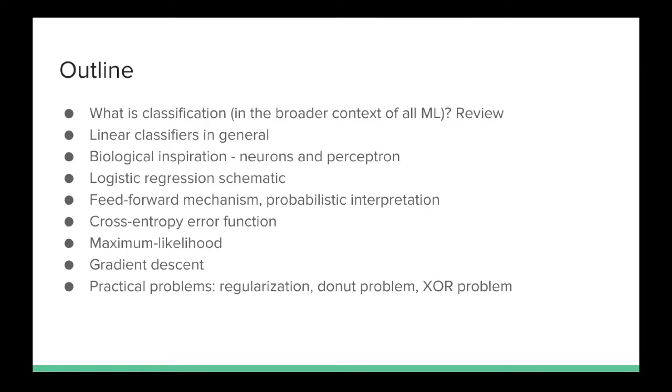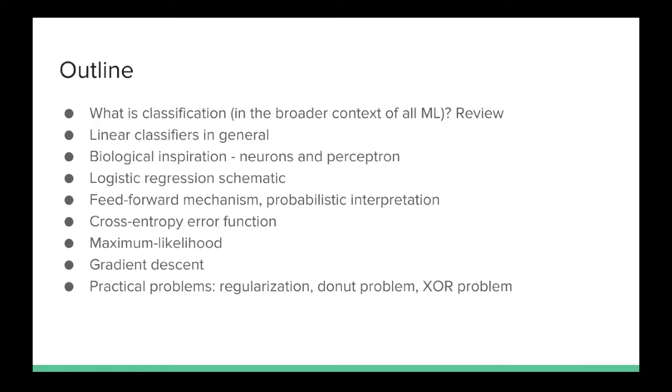Now let's review what this course is going to be about. First, we're going to talk about what is classification and review this in the broader context of all machine learning. Then we're going to talk about linear classifiers in general, of which logistic regression is one example.